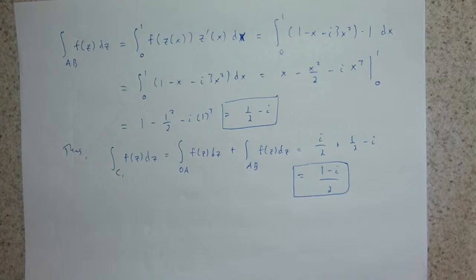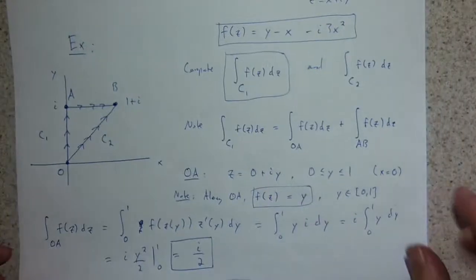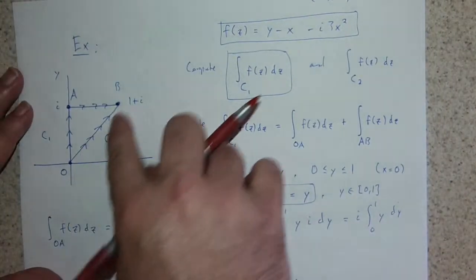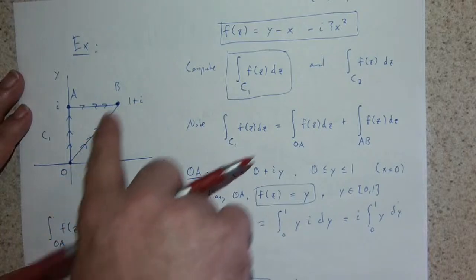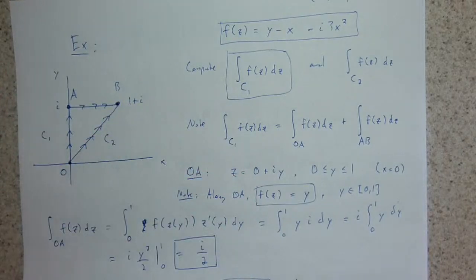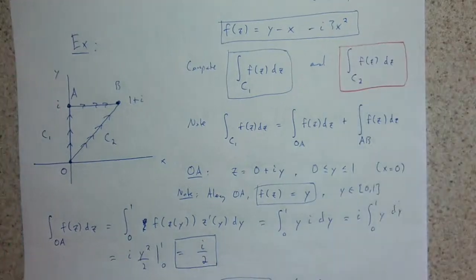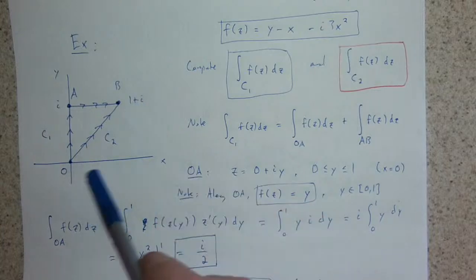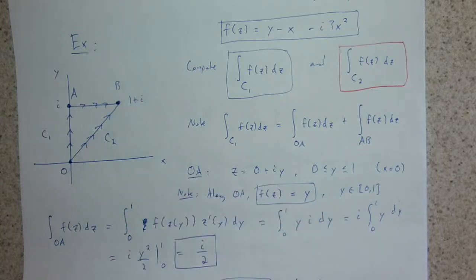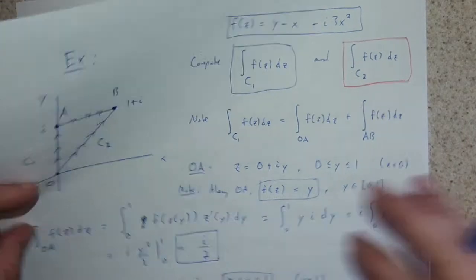So now, going back to our example, I had another curve here that I wanted to compute the contour integral of. So this is the segment OB. Of course, I don't need to write that because C sub 2 is just exactly that segment, so I just need to come up with a nice parametrization of C sub 2 here.